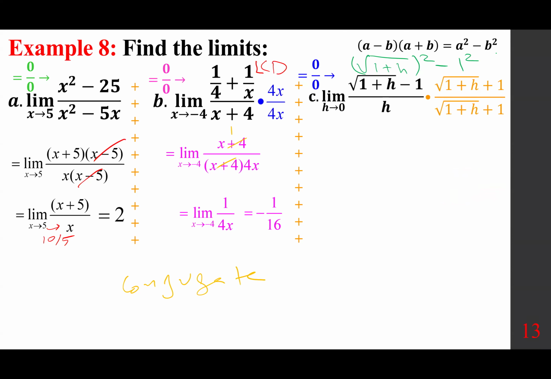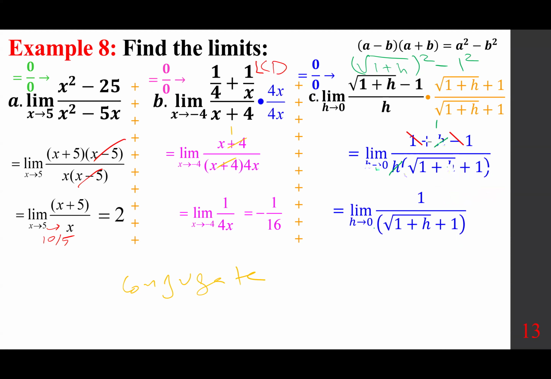And so the denominator, we keep it as a product, and the numerator becomes 1 plus h minus 1. 1 and negative 1 cancel each other. h and h cancel each other. And now, if you plug in 0, you get square root of 1, which is 1. 1 with 1 becomes 2. The final answer is 1/2, and you're done.